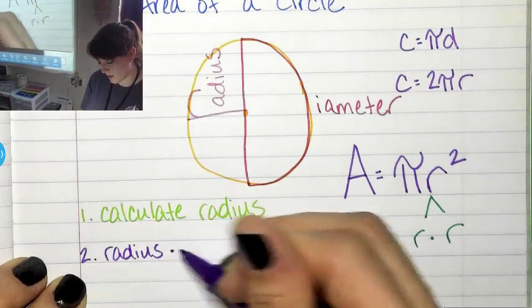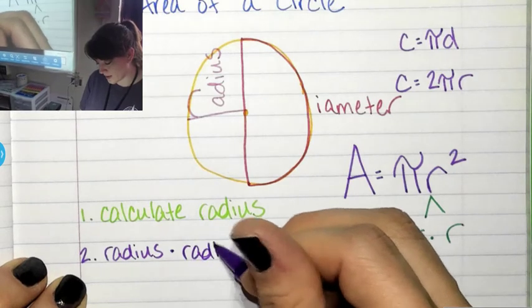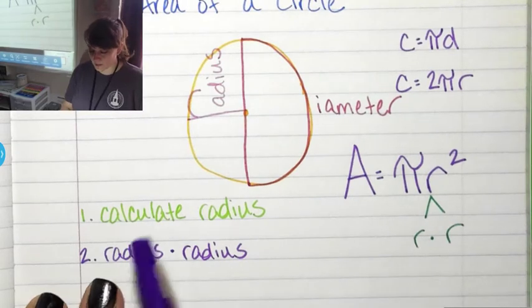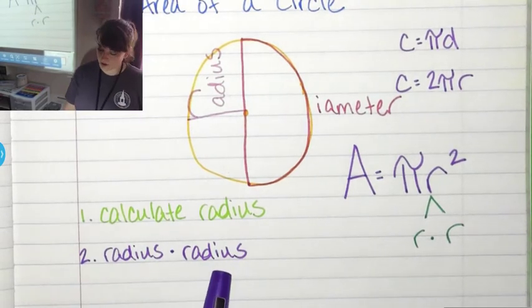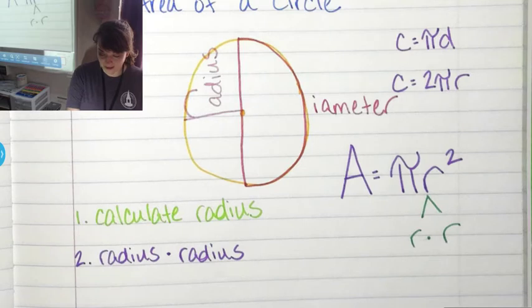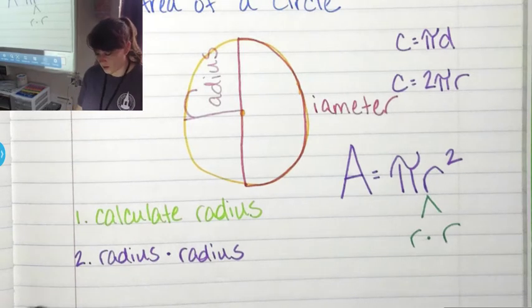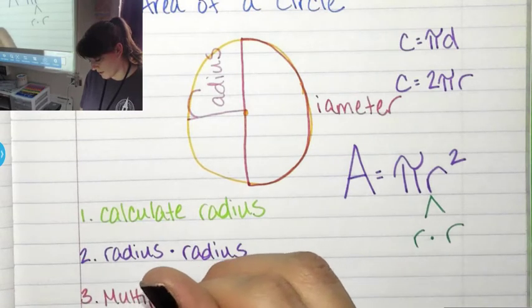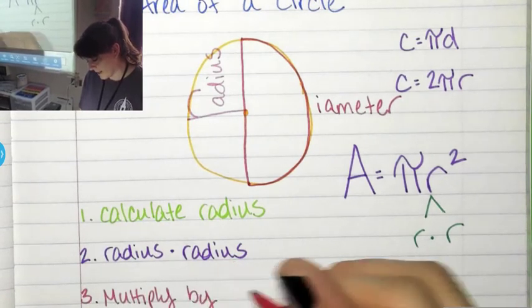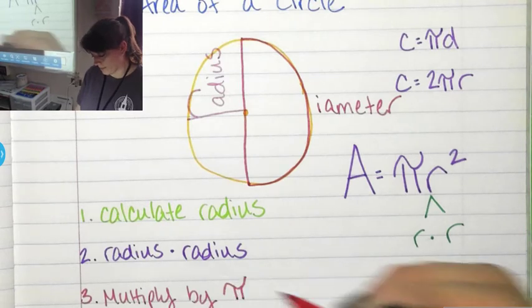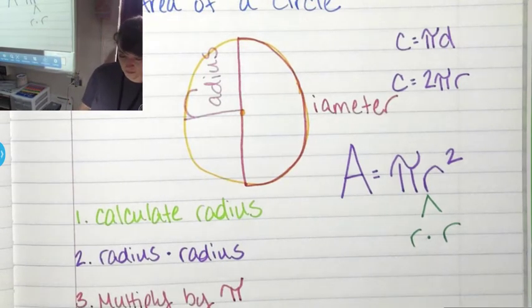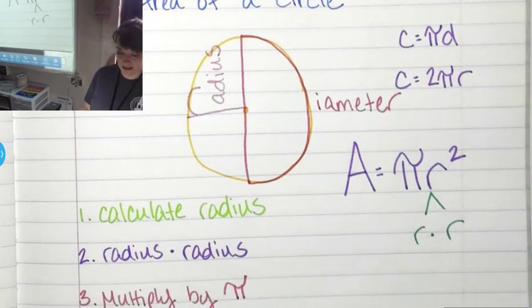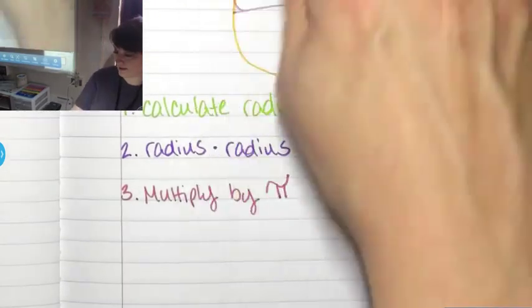This is not 2 radiuses. If the radius is 3, it's 3 times 3, not 3 times 2. And then lastly, we multiply by pi. 3.14 usually.